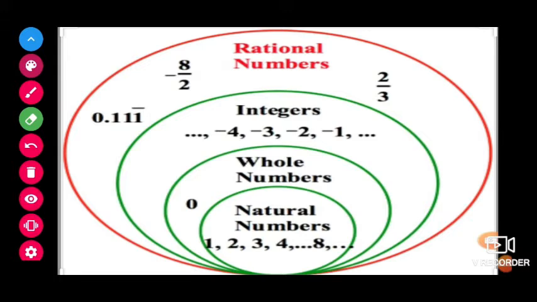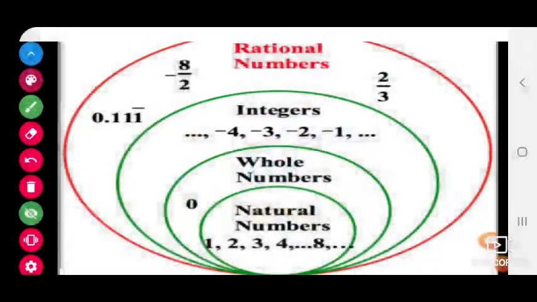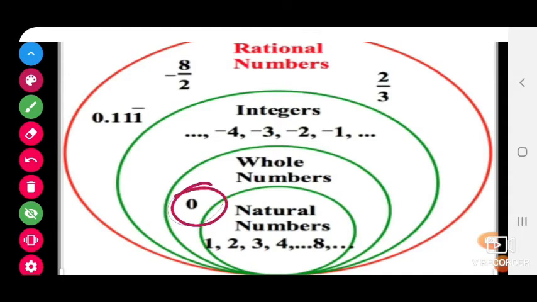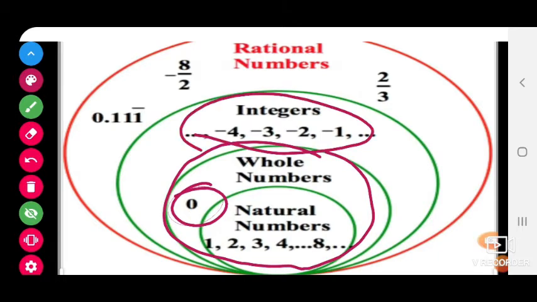If we add negative numbers to the whole numbers, then we will get integers. Then the rational numbers is a big red circle, which contains natural numbers, whole numbers, integers; all of these we also call rational numbers.